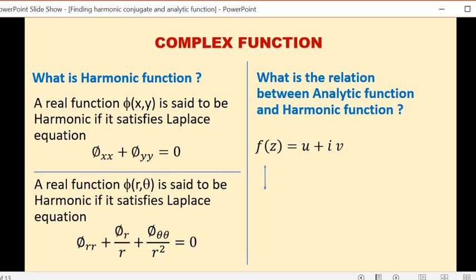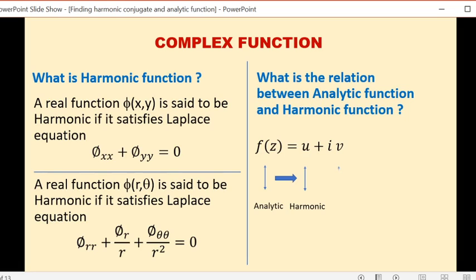Now let us understand the relation between analytic function and harmonic function. अगर अपना complex function f of z analytic है, if our function f of z is analytic, then we have a property that its real part u, now real part बोला तो ये तो real function हुआ, that is harmonic.